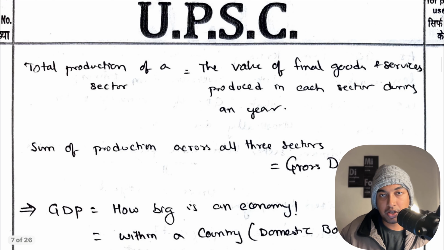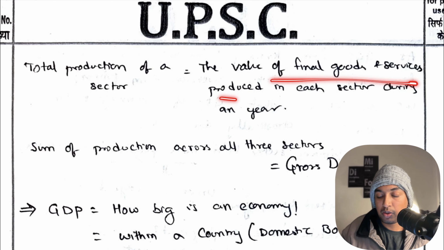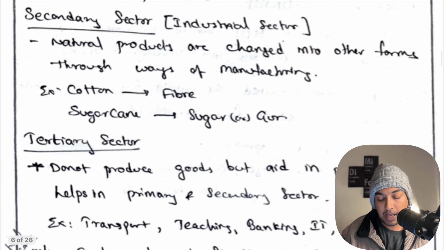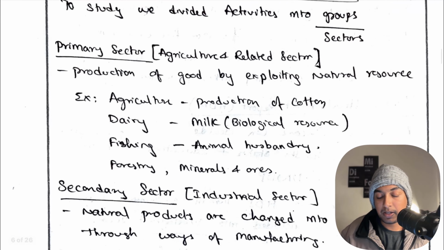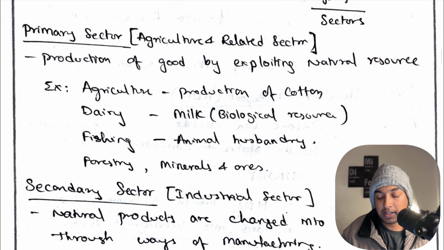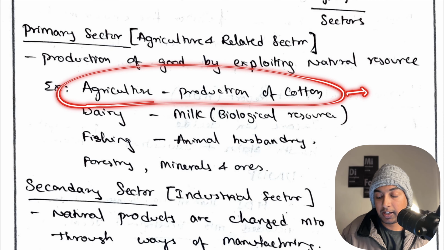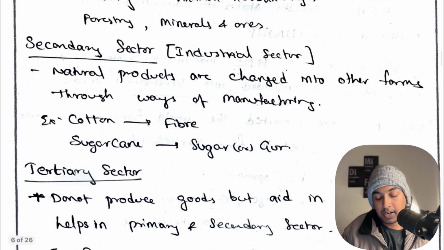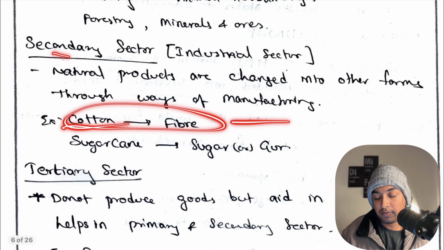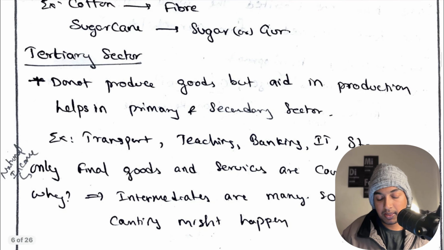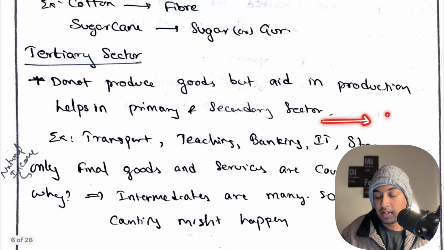So how will we calculate the total production of a sector? It is the value of final goods and services produced in each sector during a year. For example, in the primary sector, the production of cotton will be calculated as x1. In the secondary sector, cotton turned into fiber will be calculated as x2. Then transport or something else done on that cotton will be calculated as x3.